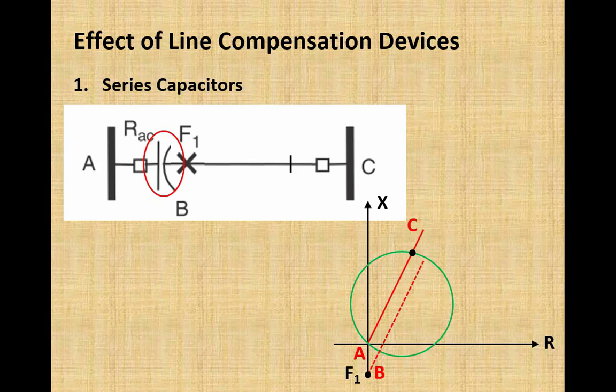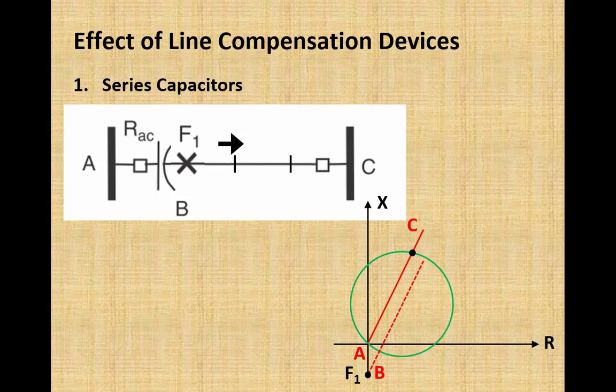Next, if we start moving along this line from A to C in this direction, we will reach a point where the line impedance will just break into the relay operating characteristics.